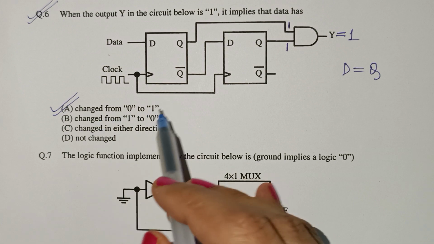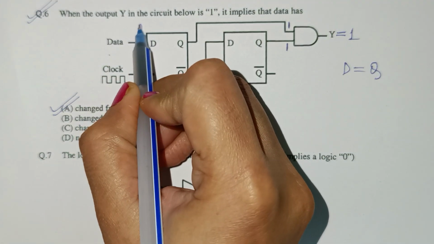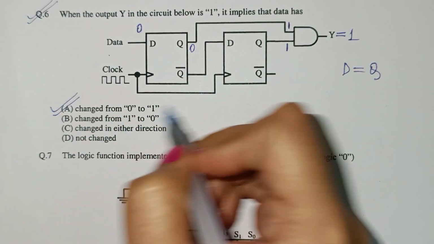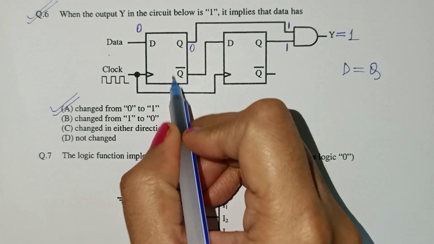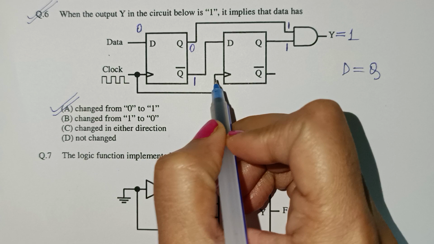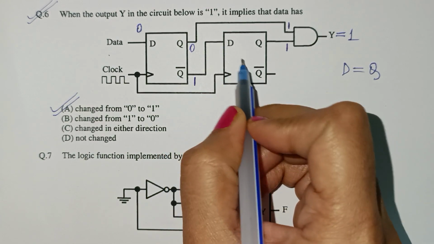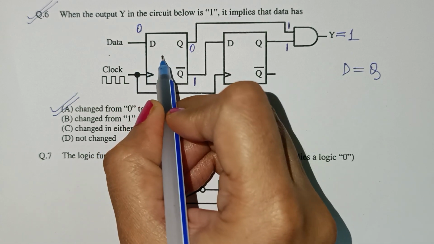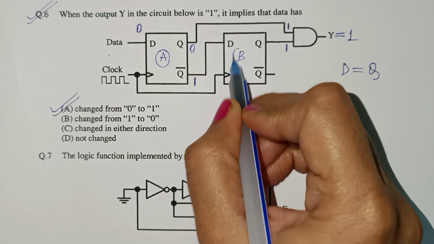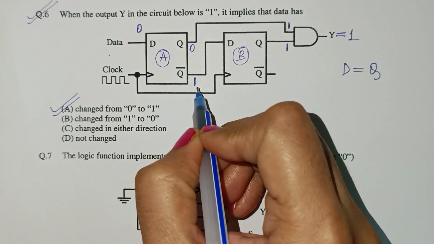Condition number 1: the data has changed from 0 to 1. Suppose the data is 0 here, so the output is 0, right? And this is the complemented output, so it will be 1, and this 1 is given as an input to the second flip flop. Suppose this is the A flip flop and this is the B flip flop. So QA will be 0, QA bar will be 1.